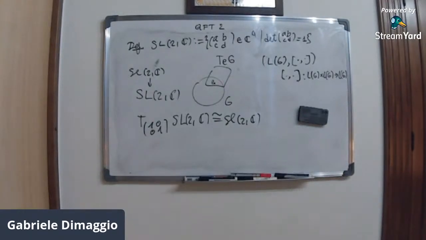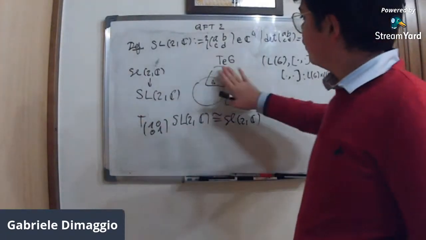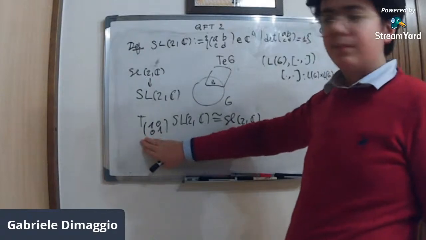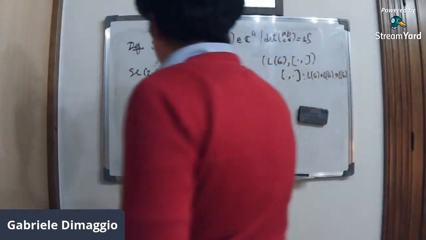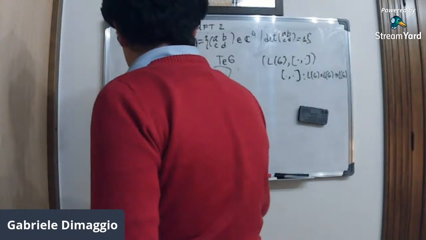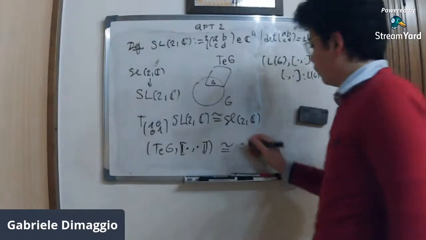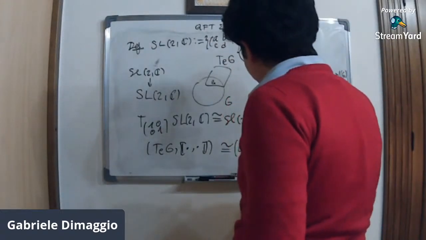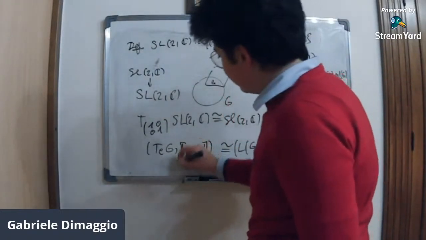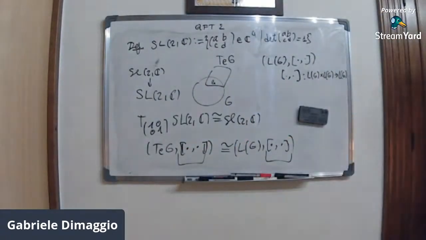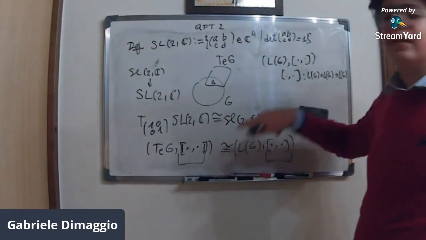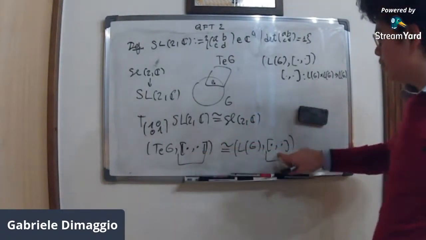So in this case, of course, on the tangent space I have vector fields, and the theorem is this: I have an isomorphism with a Lie algebra. But attention, please, because here I have this symbol, and here I have this other symbol. So there are two different ways to write the commutator. But is this commutator equal to this commutator?